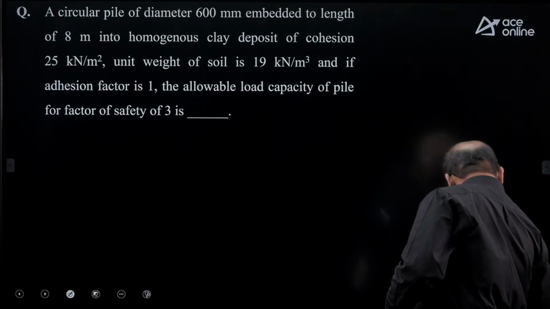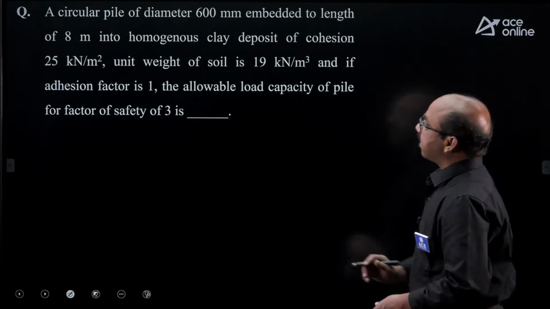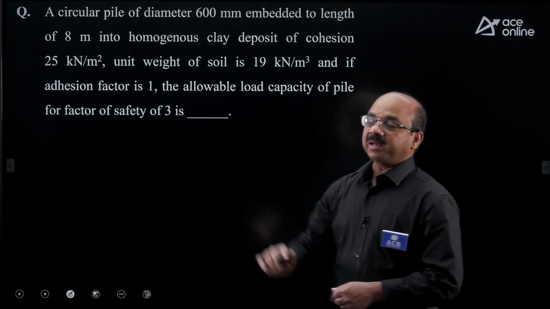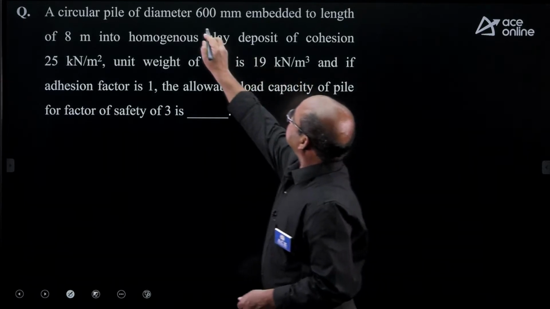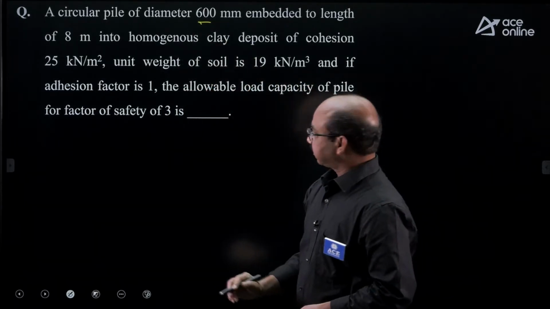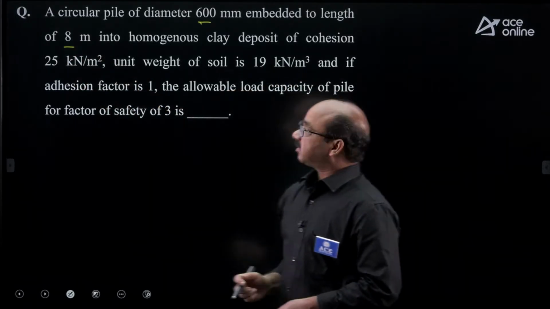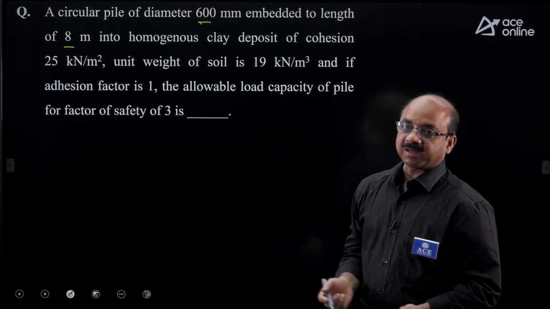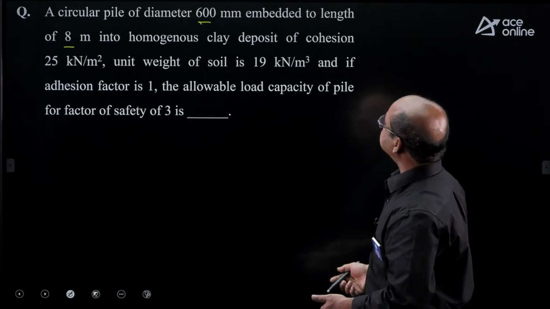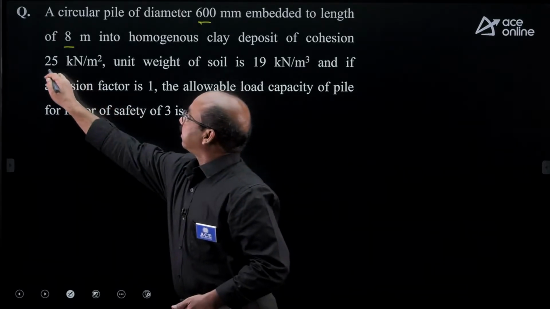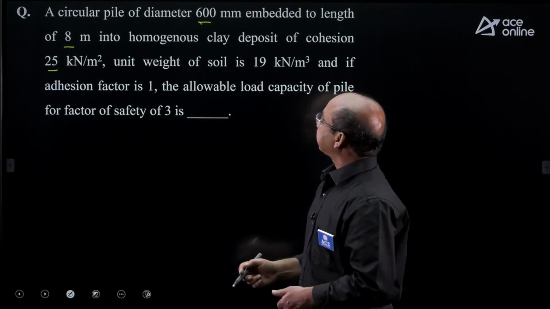This is one of the questions. As you see, it is a circular pile. The diameter is given, and the length of the pile is given, that is 8 meters. It is homogeneous soil, so we have a uniform C value, given directly as 25 kilopascals.